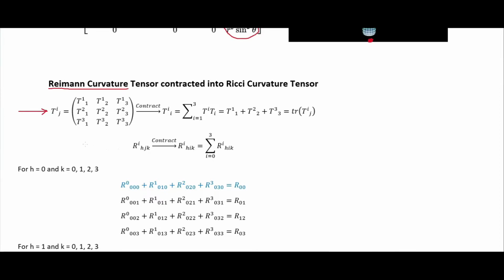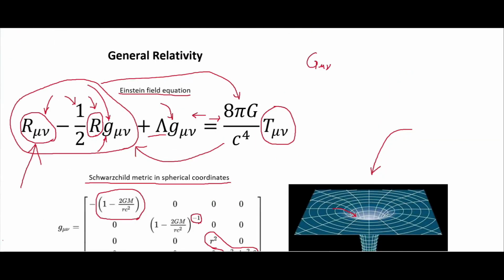But what we would actually want to do is this, which is taking this rank 4 tensor, which has one upstairs index and then three downstairs indices, and then contract it. So we keep the upstairs one i, and we change the downstairs one to i, and then we sum over the i, and then that will actually get rid of the two i's, and we will end up with something like R_hk, and so that looks more like what we want.